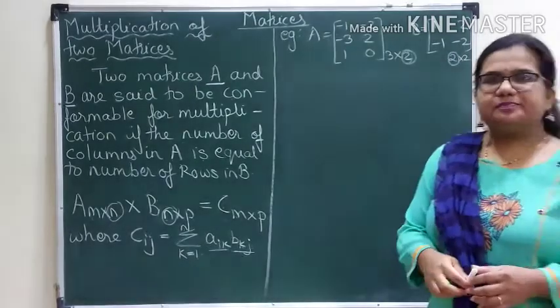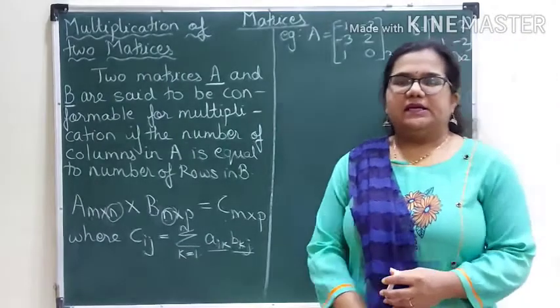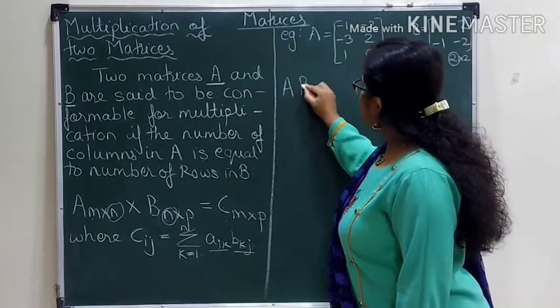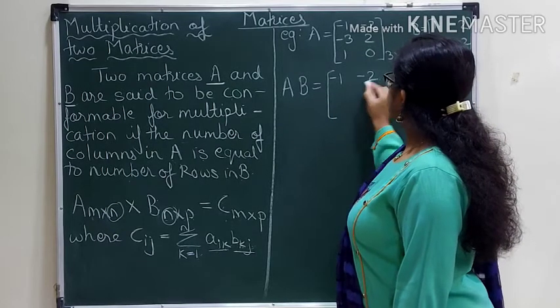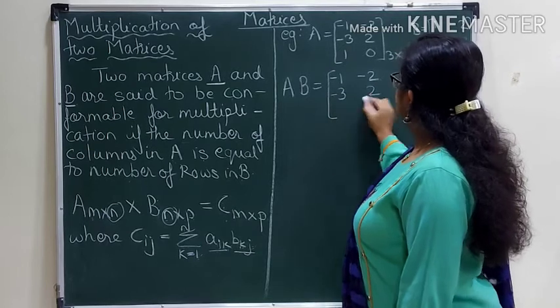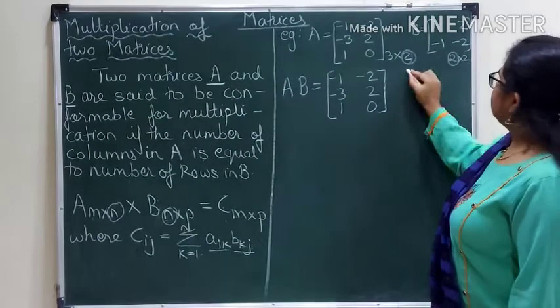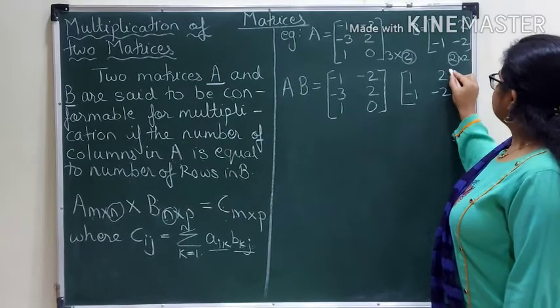That means the two matrices are conformable for multiplication. Okay. So we will start with A into B. A is minus 1, minus 2, minus 3, 2, 1, 0, and B is 1, 2, minus 1, minus 2.